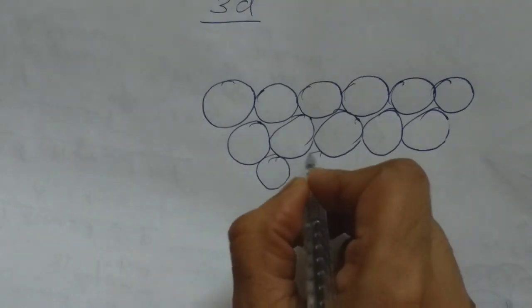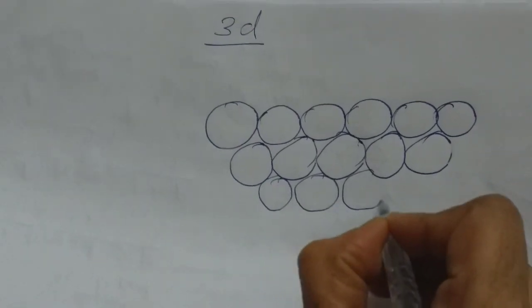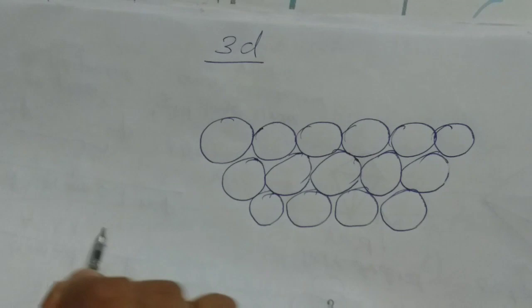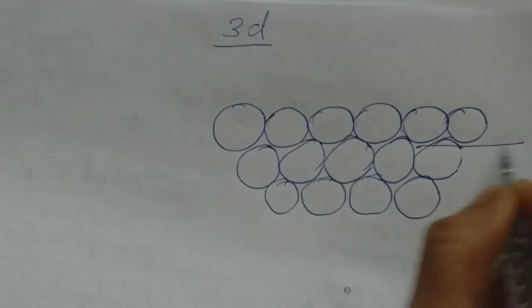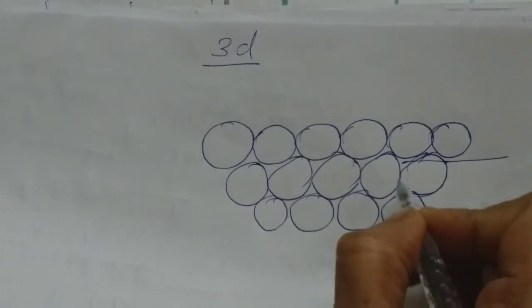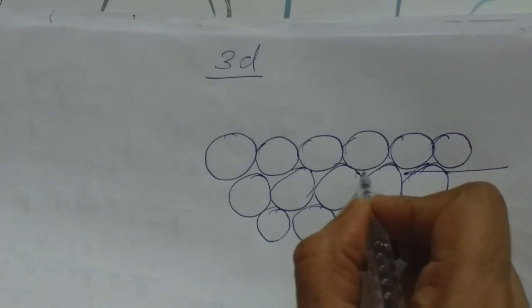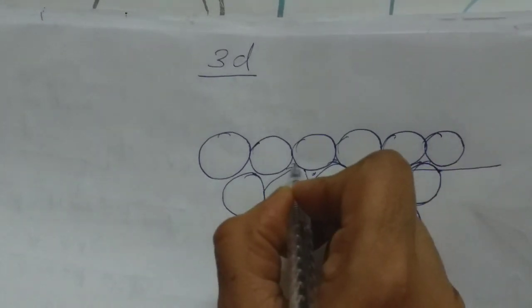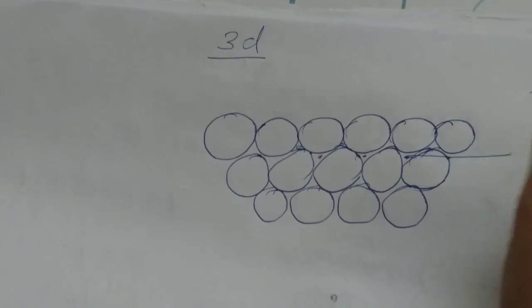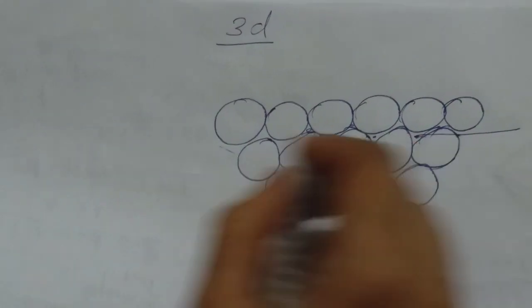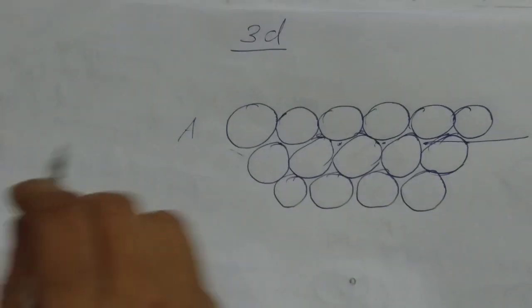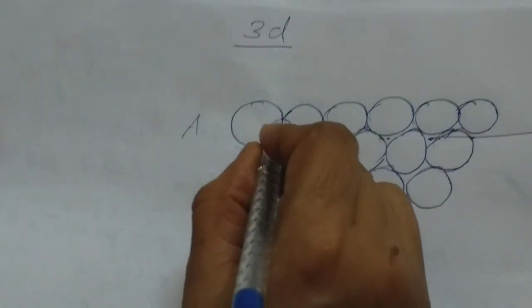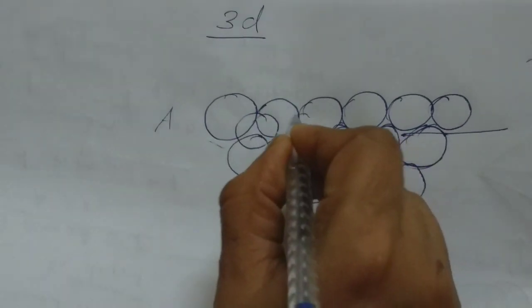Again the third row occupies the depression in the second row. Like this it is arranged. Now you can see the voids here. This is the void, the gap formed here. Everywhere the gap is formed. Like this. And now this is the first layer. Suppose this layer you take as A. Now the second layer I am drawing. You see.